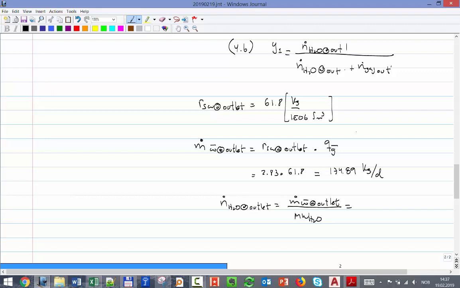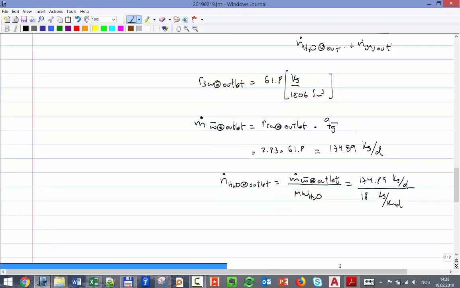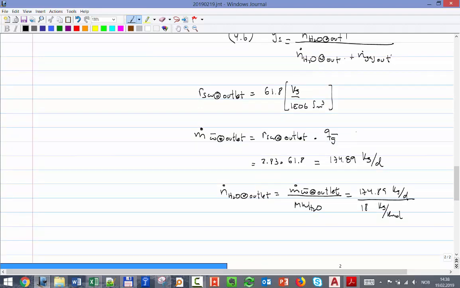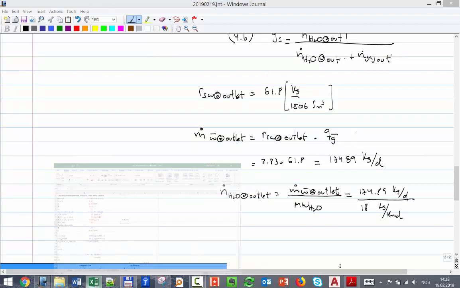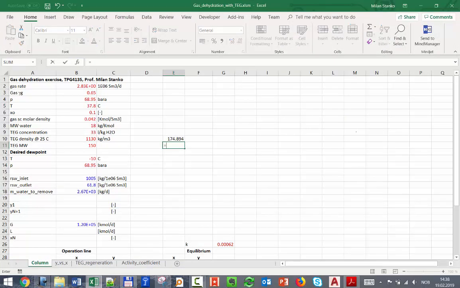That will be 174.89 kilogram per day divided by 18 kilogram per kilomole. I divide and obtain the units I'm supposed to get, I hope. Then this number divided by this number, kilomole per day.